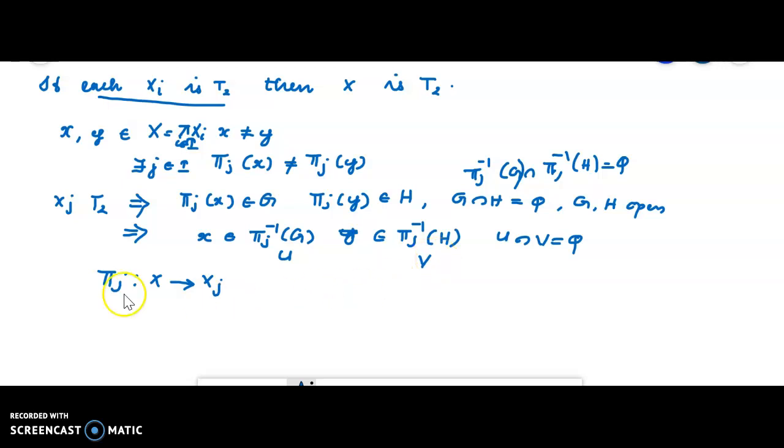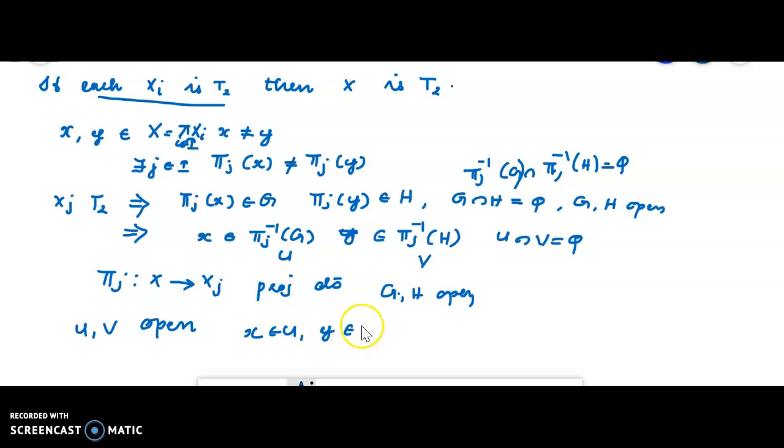So we get open sets U and V, inverse images of open sets, such that x element of U, y element of V and U intersection V equal to empty set.